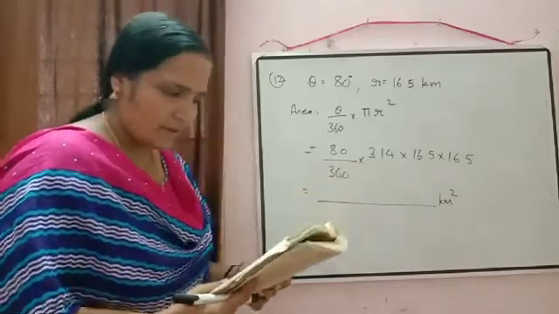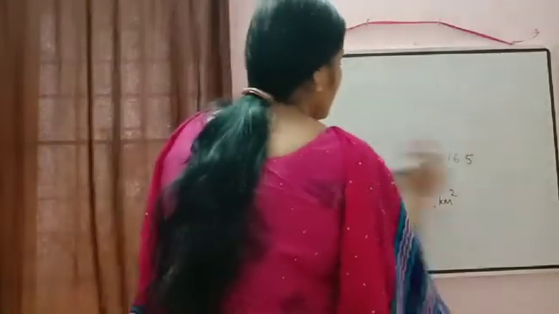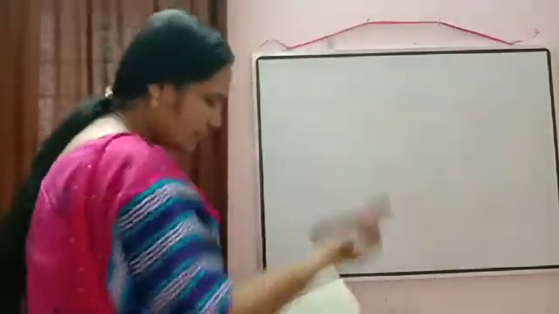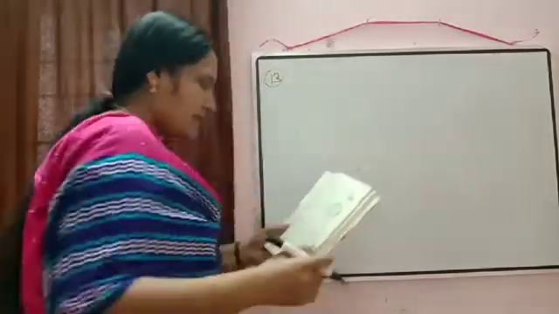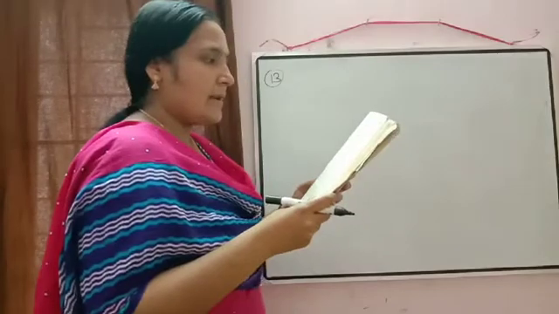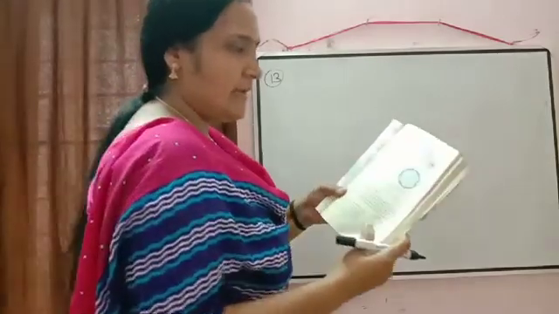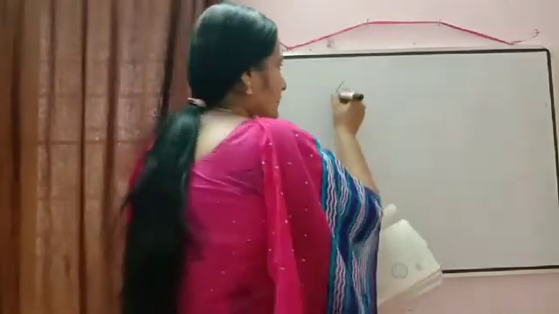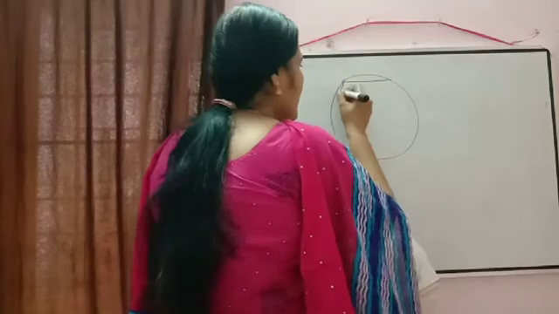Okay. Now check question number 13. In question number 13, it is written, a round table cover has 6 equal designs as shown in the figure. So you can check in the figure, it is given in this way. 6 equal designs are there.